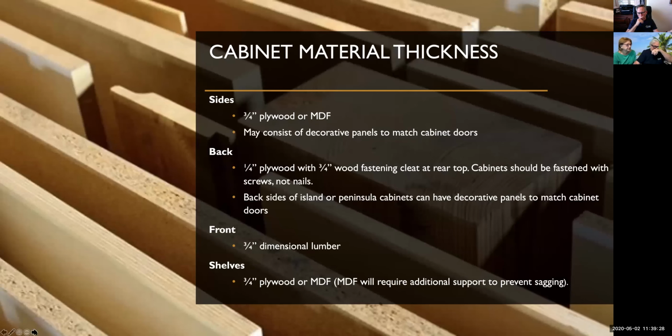Cabinet configuration: you really can, to some degree, control the overall cost of your cabinets through design, and you need to at least be aware of this. Door and drawer combinations. Let's start with the least expensive, a base cabinet with a door, and only a door.